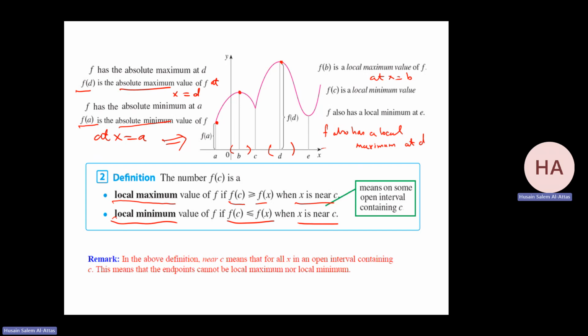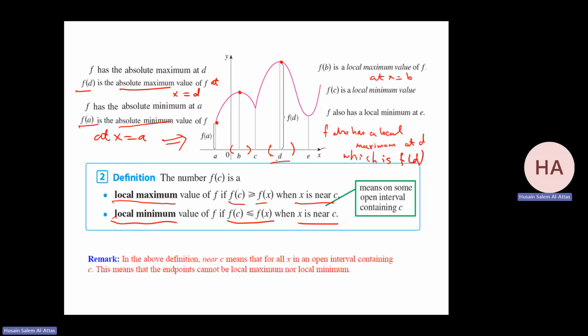Yes, d will be an absolute maximum and a local maximum. It also has a local maximum at d, which is f of d. So f of d is an absolute maximum and a local maximum, since if we take an open interval containing d, it will be the maximum.